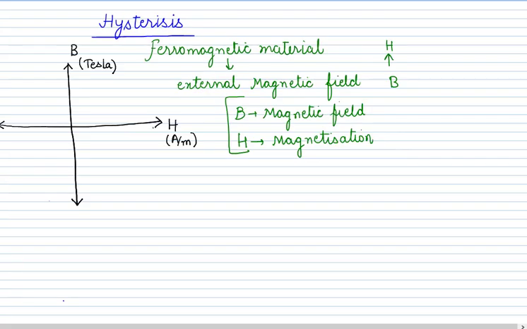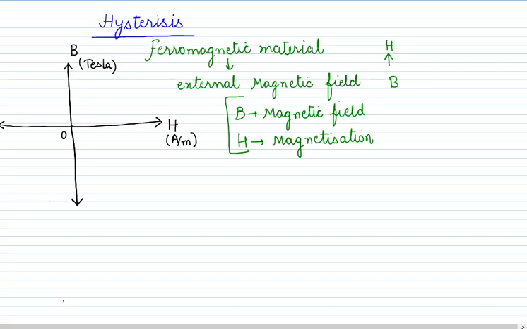So we draw a graph and on the x-axis we take H, which is the magnetizing field, and B is the magnetic flux density. Right, so we have written B and H here. So now if we have a ferromagnetic material in the external field, and we increase the magnetizing field, then the magnetic flux density also increases.